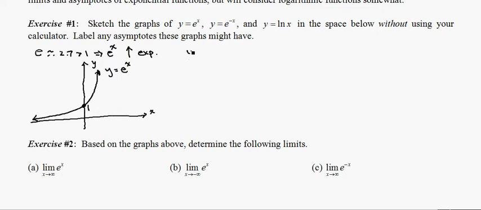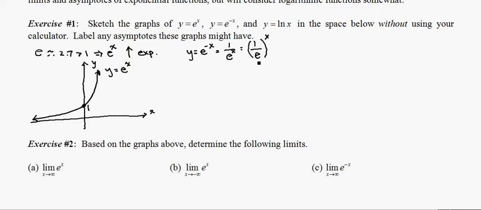Now, y equals e to the negative x, you can think about this graph in a lot of different ways. One way to think about it is that it's going to be the reflection of this graph across the y-axis. You've learned that before. If you negate the input, it reflects across the y-axis. Another really nice way of looking at it is that this is 1 over e to the x, which is the same as 1 over e all raised to the x.